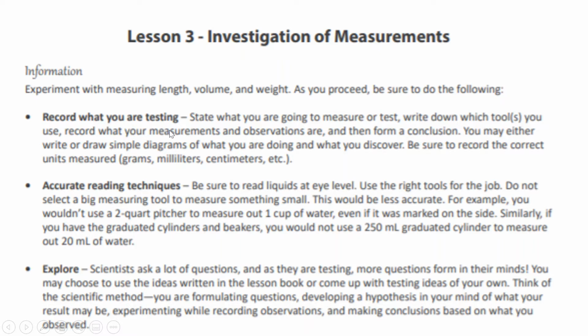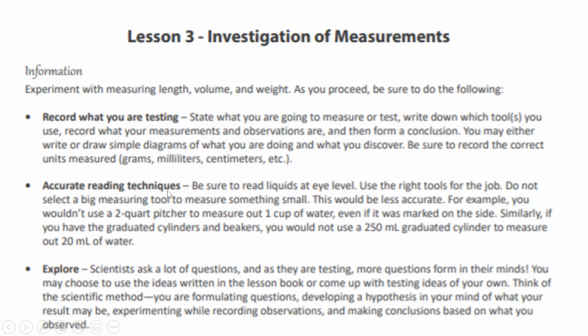Record what you are testing, state what you are going to measure or test, write down which tools you use, record what your measurements and observations are, and then form a conclusion. You may either write or draw simple diagrams of what you are doing and what you discover. Be sure to record the correct units measured, grams, milliliters, centimeters, etc.